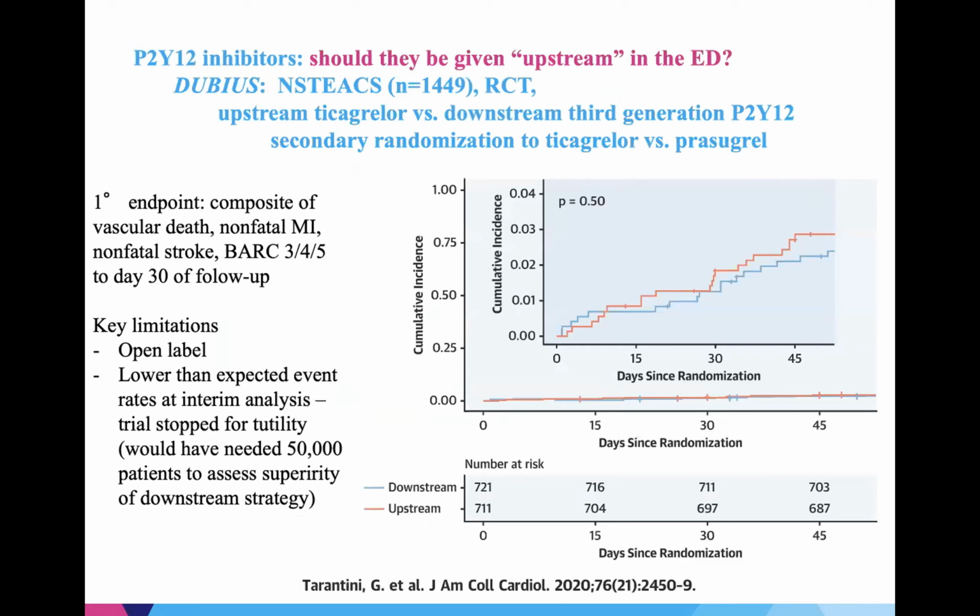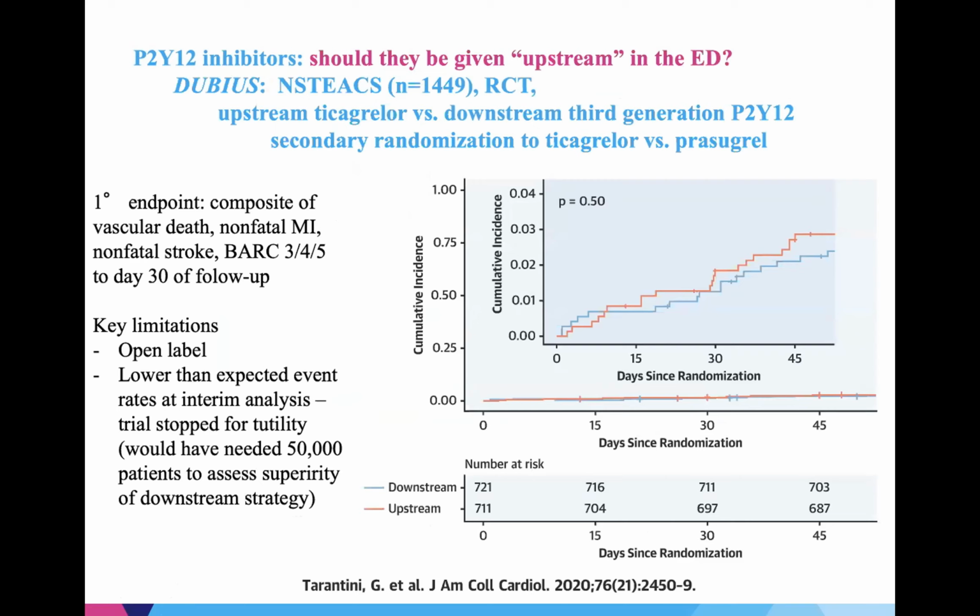And in this case, there was, again, no apparent benefit for reduction in ischemic events with the preloaded ticagrelor as opposed to the not preloaded prasugrel. The bleeding was very similar between the two.